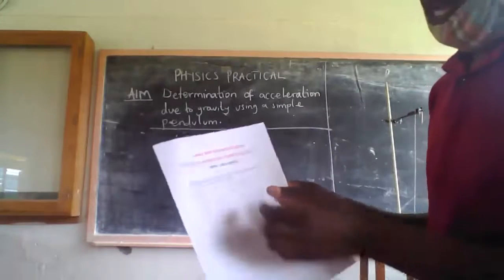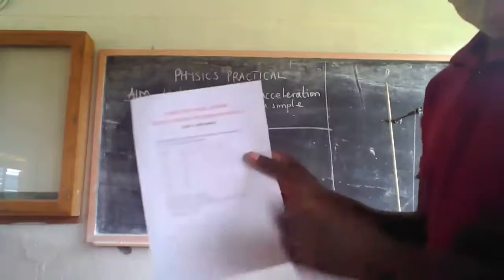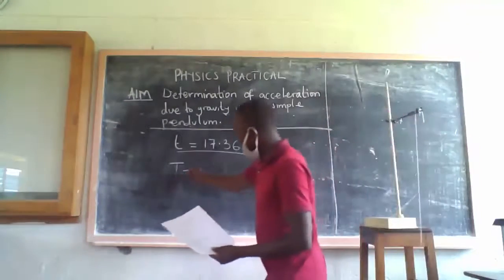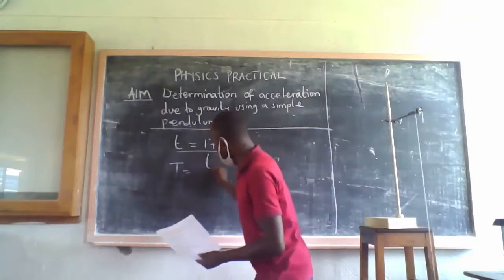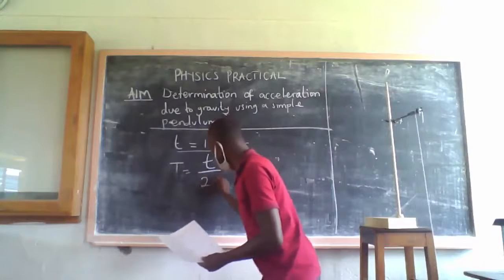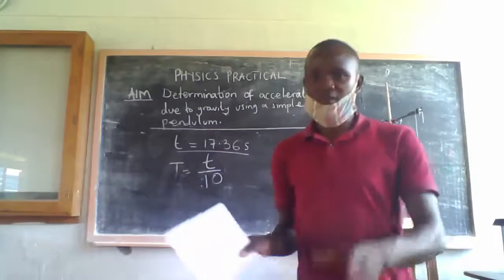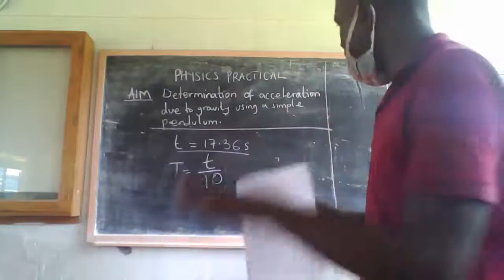After that, we shall fill the next two columns by getting the value of capital T, which is equal to small t divided by 10 oscillations. And we shall be able to get the time in seconds.